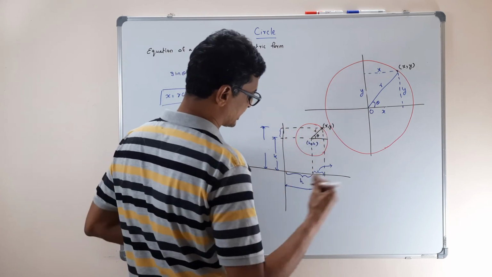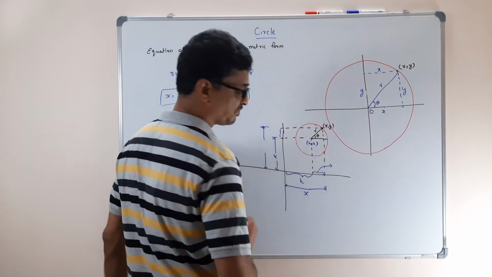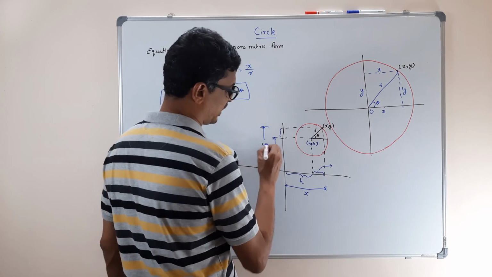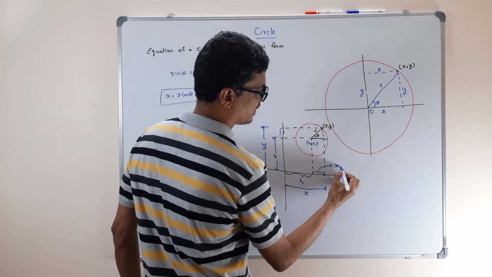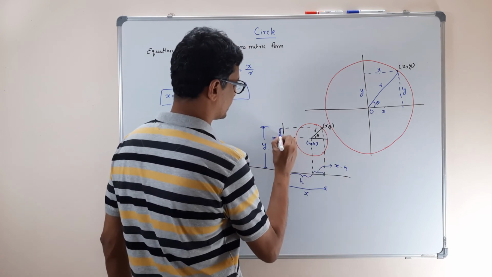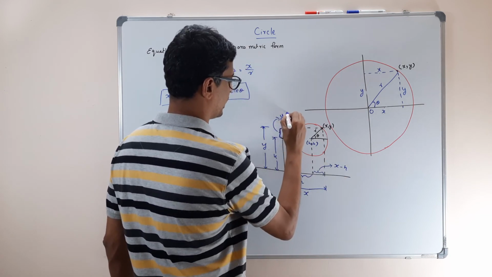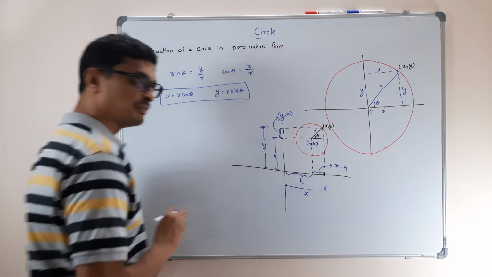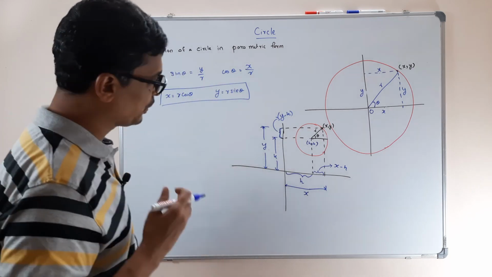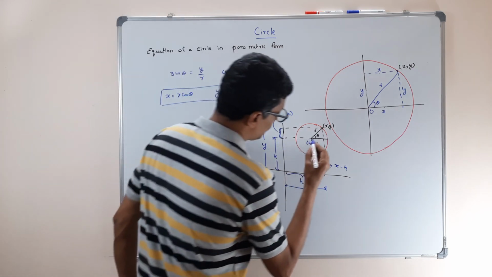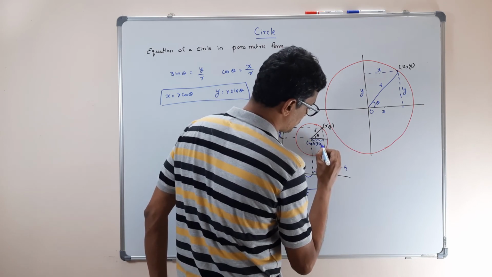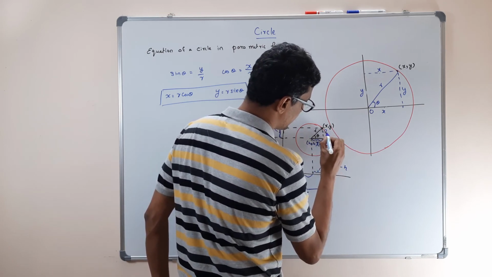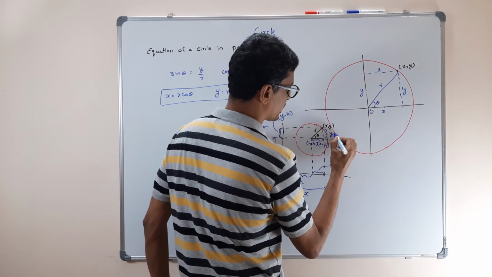And this is y. Correct? Now what is this length? x minus h. And what is this length? y minus k. So now you know this distance: this distance is x minus h and this distance is y minus k.